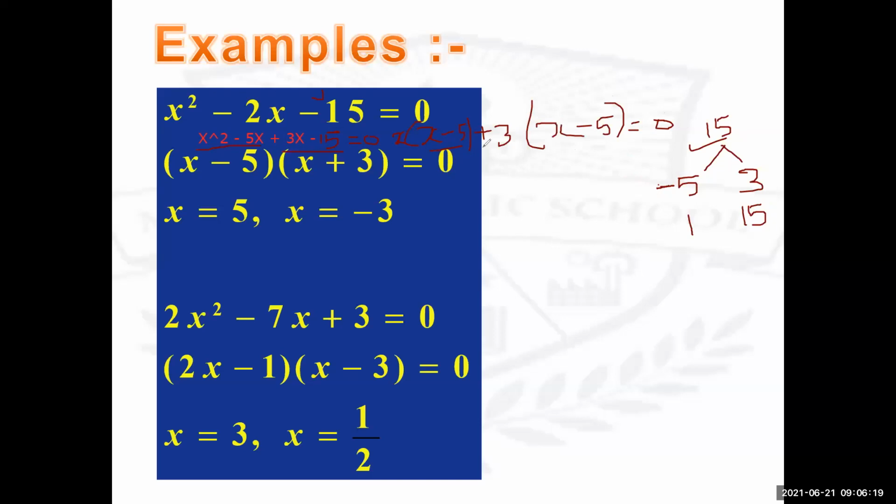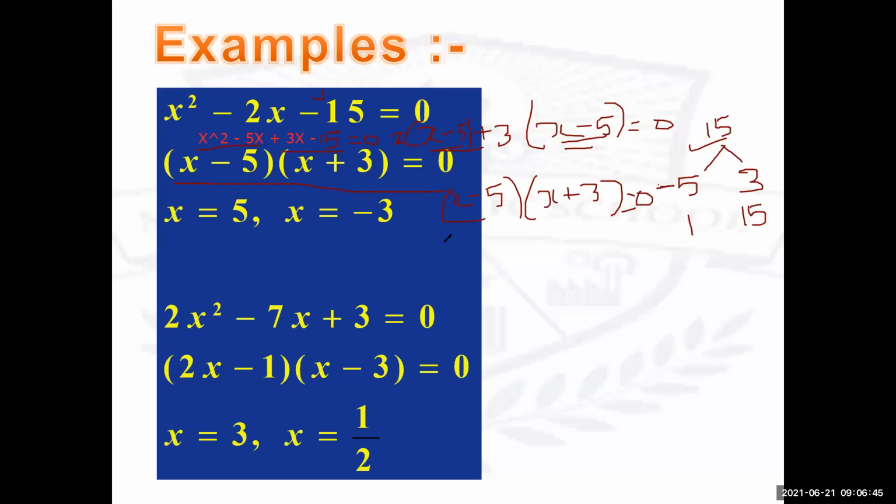So again you'll get x minus 5 common for both. So x minus 5 comes out. Now you're left with x plus 3, and that is equals to 0. You get x minus 5 into x plus 3 equals to 0.